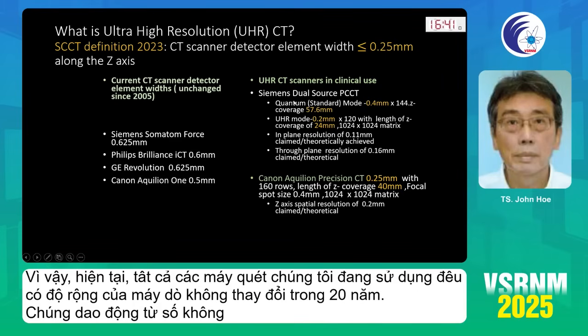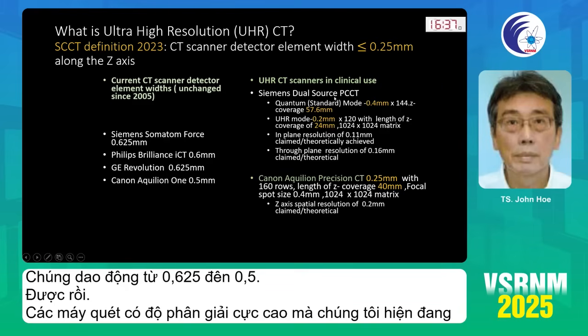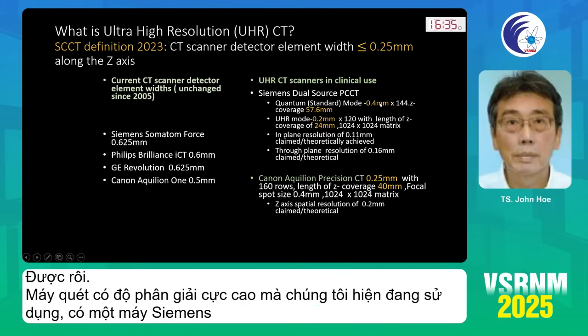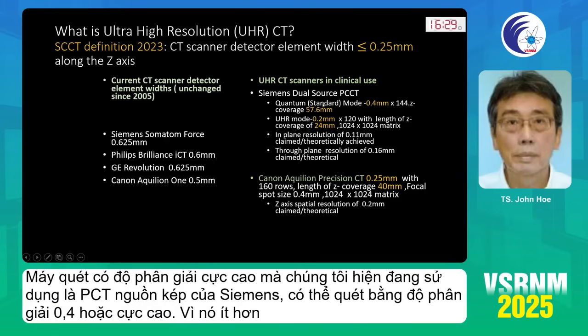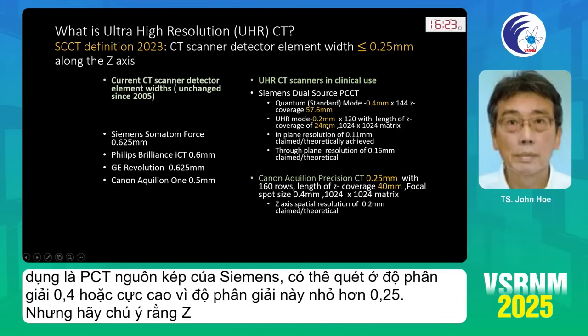The ultra high resolution scanners that we're currently using, there's a Siemens dual source PC-CT which can scan using 0.4 mm or ultra high resolution since it's less than 0.25. But notice that the Z coverage is only 2.4 centimeters, very, very short.